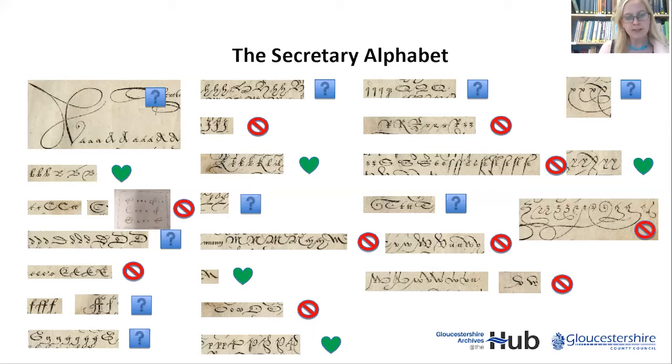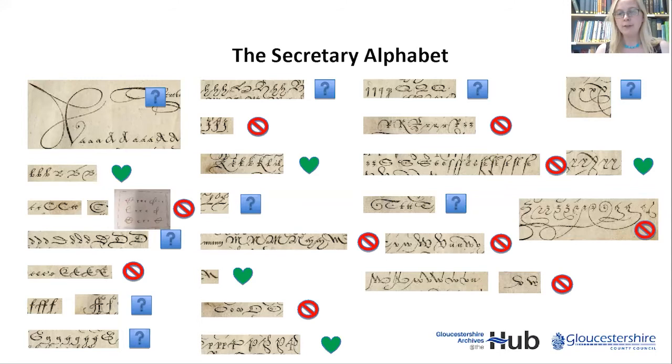And then a little bit further down, you've got your L's, which look quite straightforward on this secretary hand alphabet, but they can easily get caught up with other letters. So a capital L is quite easy to look at, but actually a lowercase l could end up looking like it's part of a different letter, and then you'd make a whole other letter from it or miss out the L altogether.